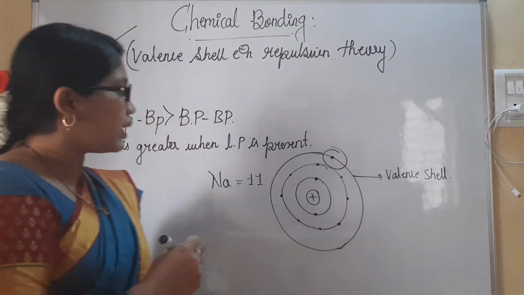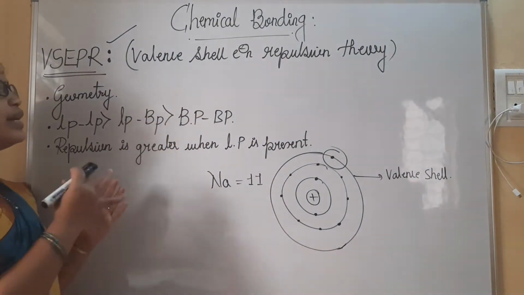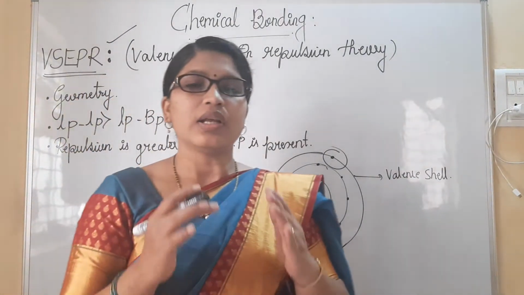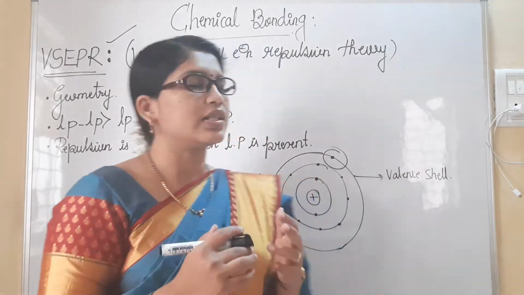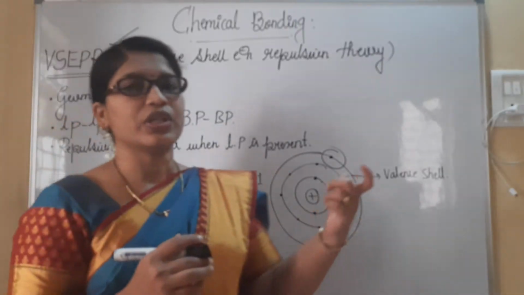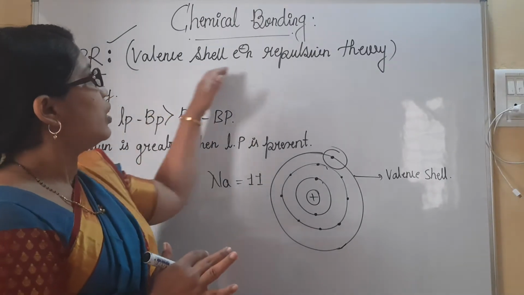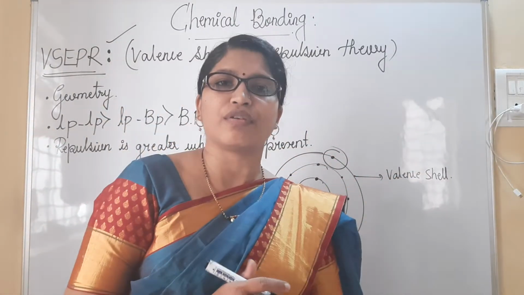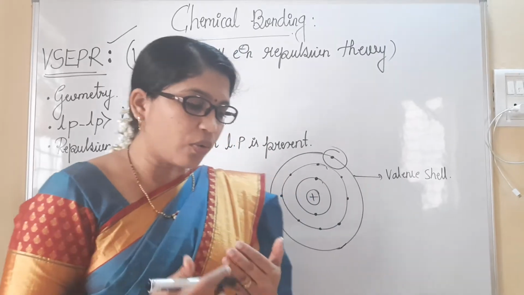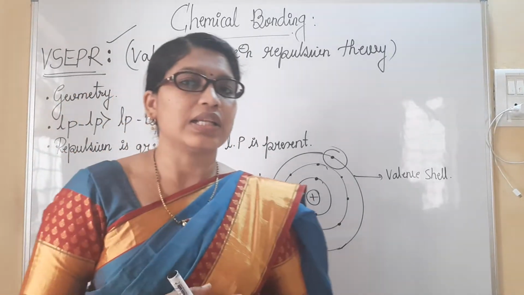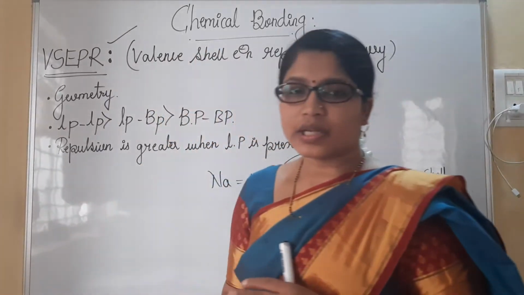Okay. Now let us understand the postulates for valence shell electron repulsion theory. Firstly and foremost, we have understood the expanded form of VSEPR. Now, one by one, in detail, let us learn the postulates.